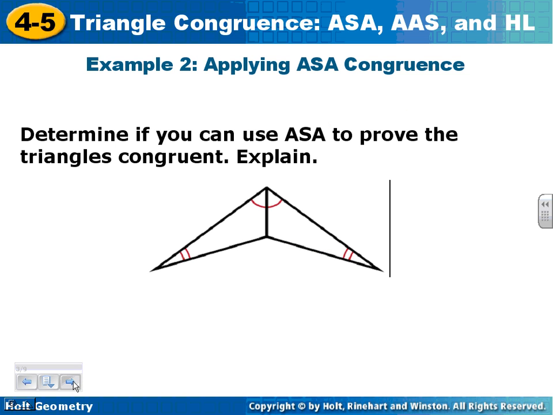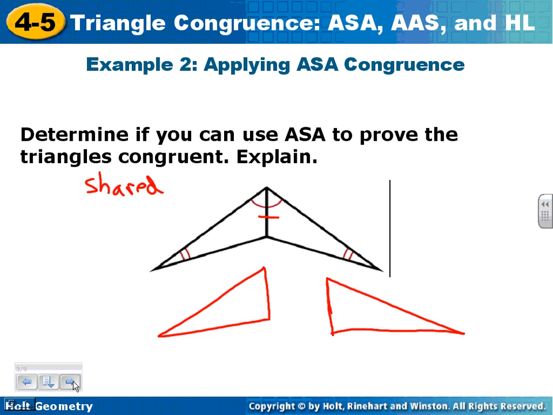The next slide, determine if you can use angle, side, angle to prove the triangles congruent. Well, remember the concept of the shared side? And that shared side would be right there. Well, if I draw these separately, let's mark this again.